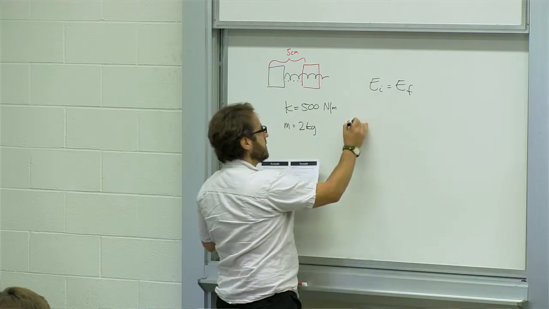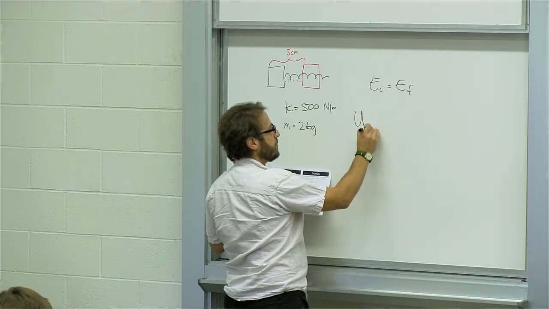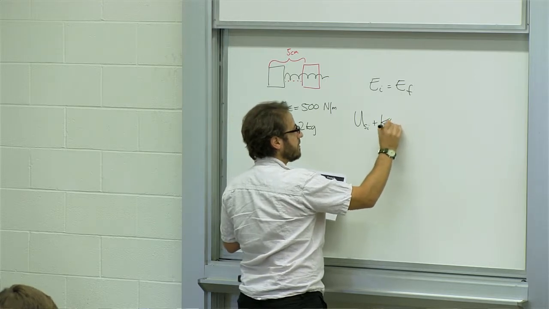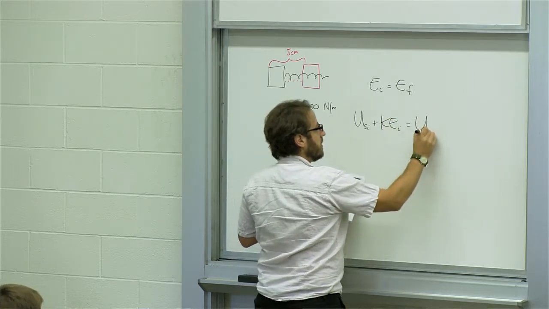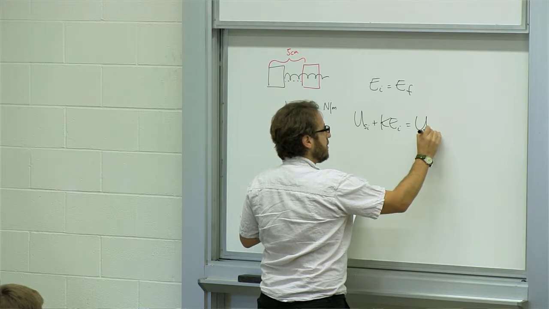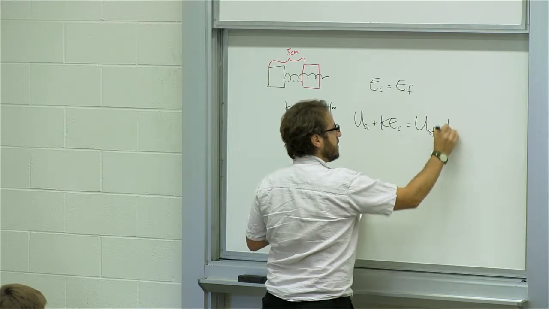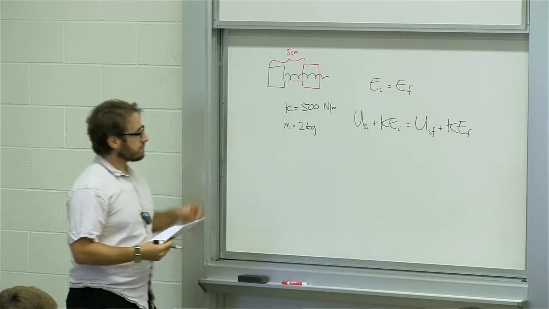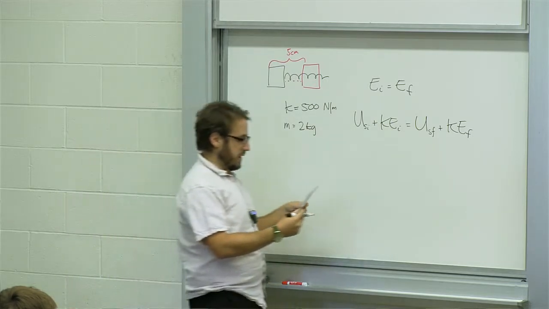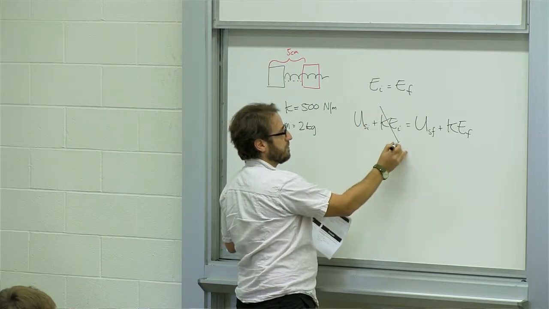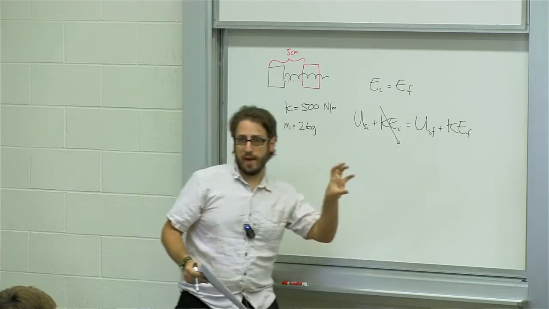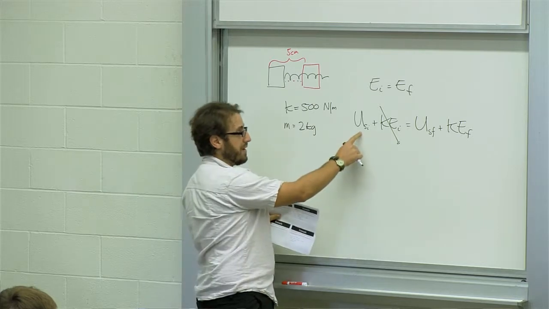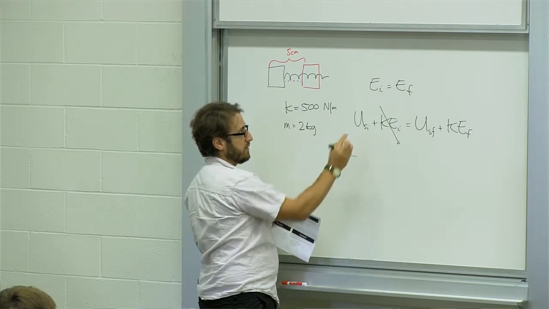Now, in the initial state, we have the potential energy of the spring, initial, plus initial kinetic energy, equals potential energy of the spring, final, plus final kinetic energy, right? So initially, there's no kinetic energy. You've pushed the block back, you're holding it there, it's stationary, but the spring is compressed, so there is some energy in the spring's compression.